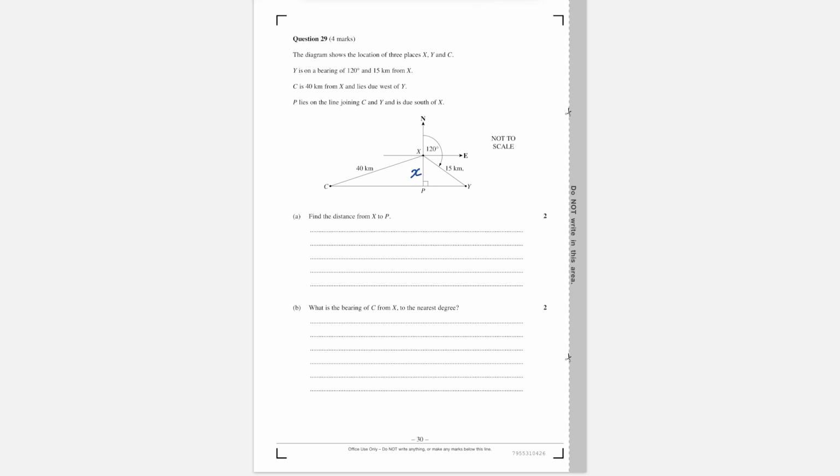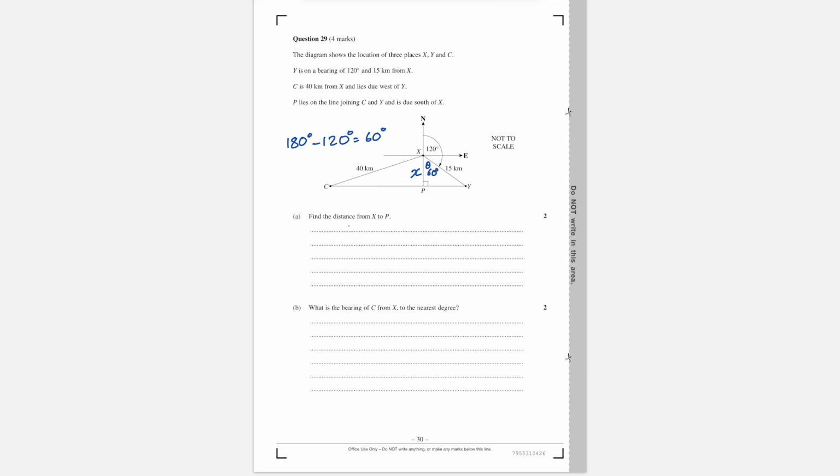And we already have this side here to work with, 15. And what would be helpful is if we had an angle over here to work with as well. And this angle is simply 180 degrees take away 120, which is equal to 60 degrees. So call that 60 degrees.